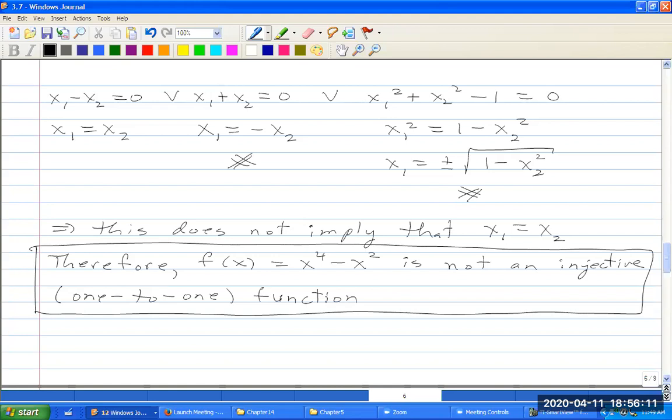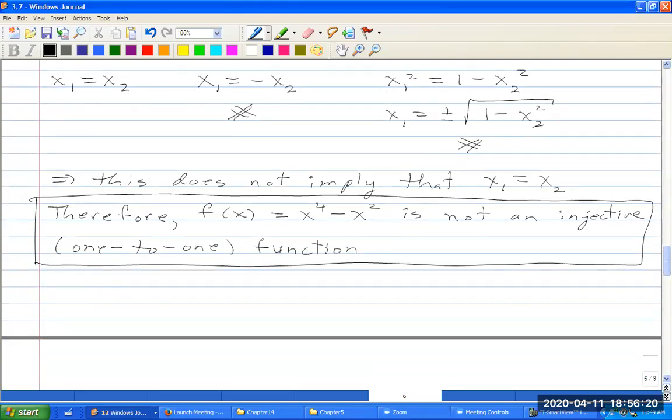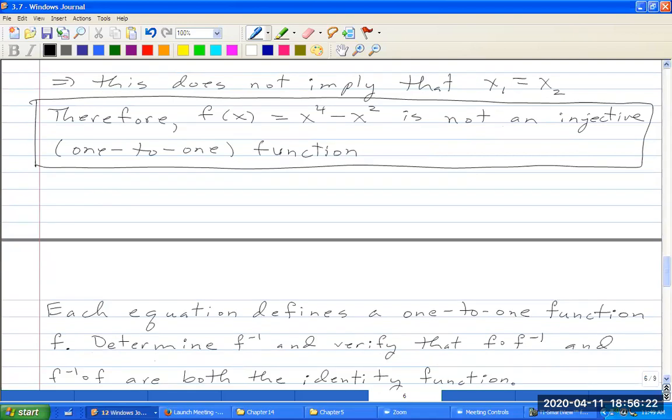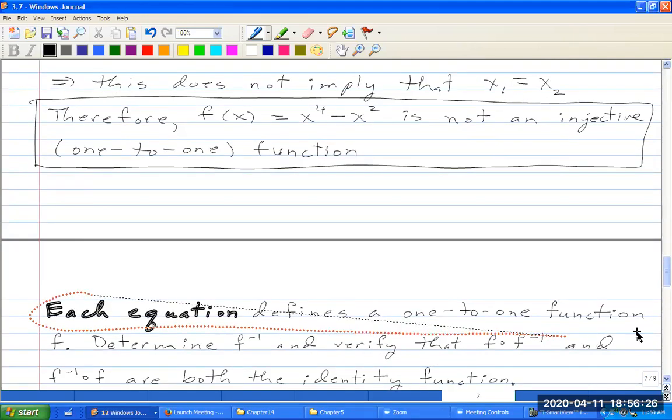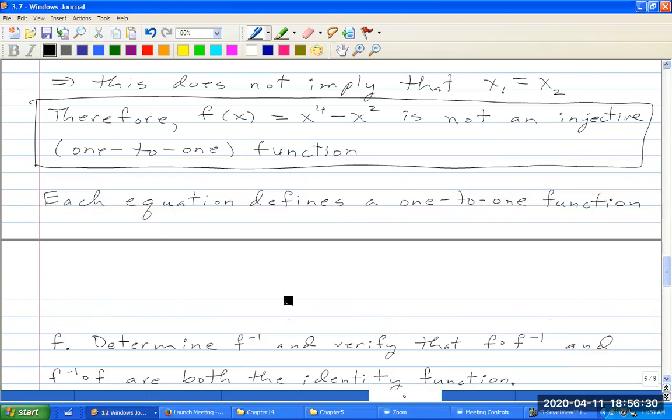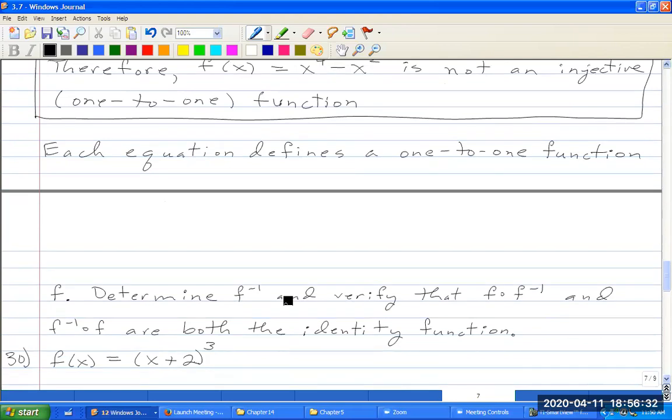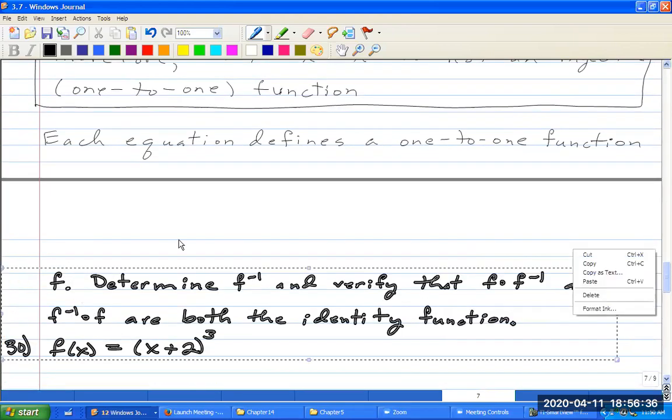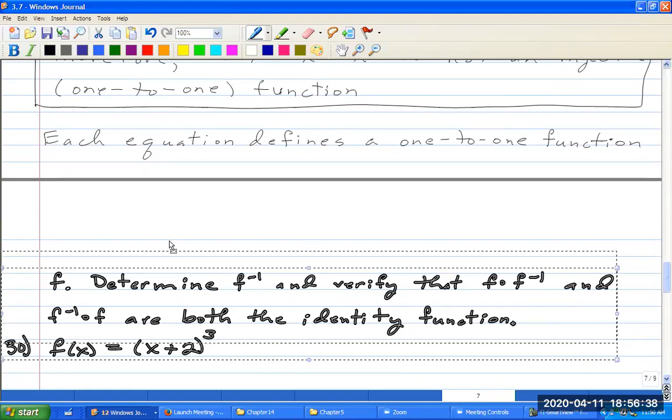Okay. Let's do the following. Each equation defines a one-to-one function f.